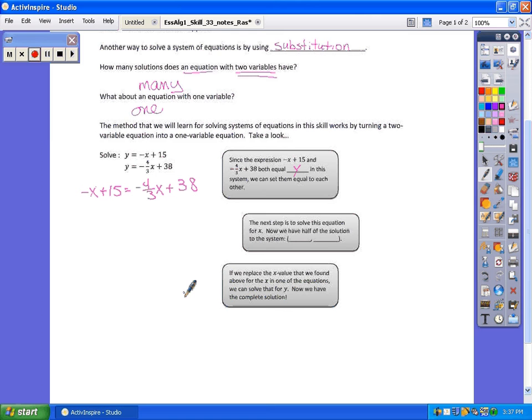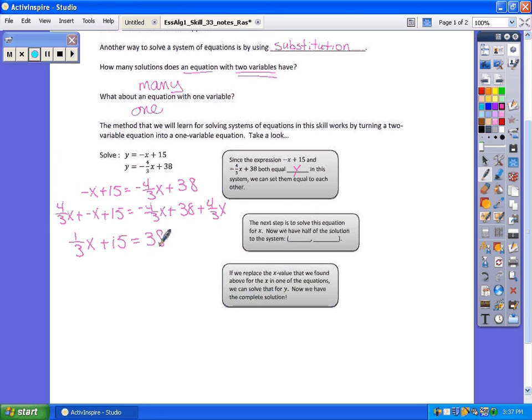So I'm going to add a positive 4/3 x to both sides because most students like their variables to be on the left-hand side. And we generally like to make them positive. So when I do that, I get 1/3 x plus 15, and that equals 38.